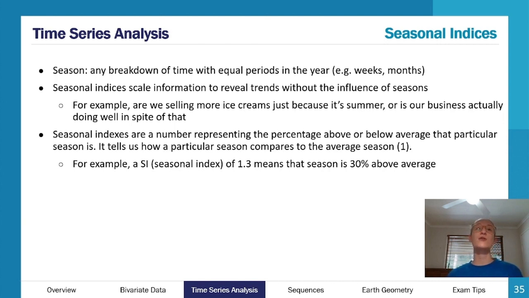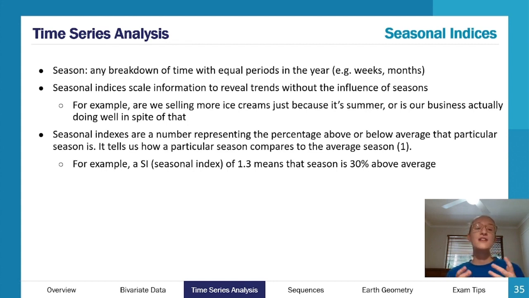So for example, if we're looking at quarters, so summer, autumn, winter, spring, our seasonal indices should add up to 4 because the average of the season is 1. Whereas if we're looking at months, our seasonal indices will add up to 12 because we have 12. But if that doesn't make sense yet, that's okay. We're going to go into that in a bit more depth now.